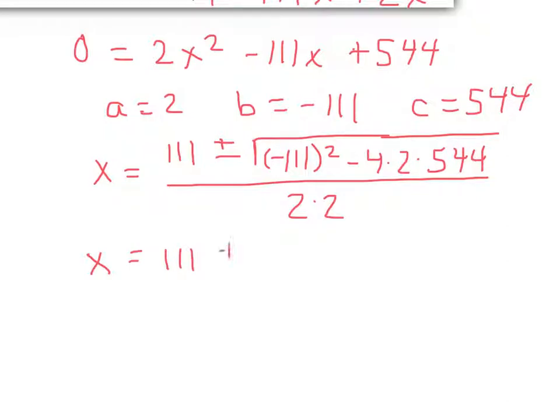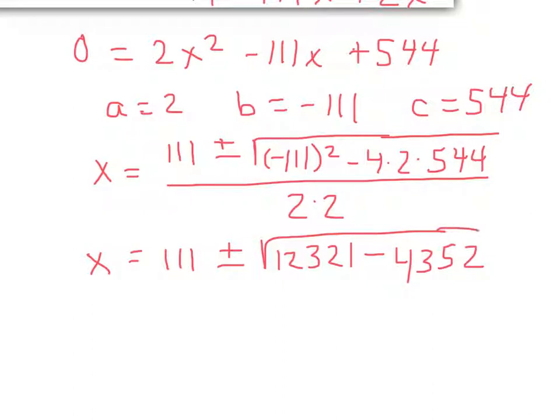It's 111 plus or minus the square root of 111 squared, 12,321, minus 4 times 2 times 544, 4,352, all over 4.